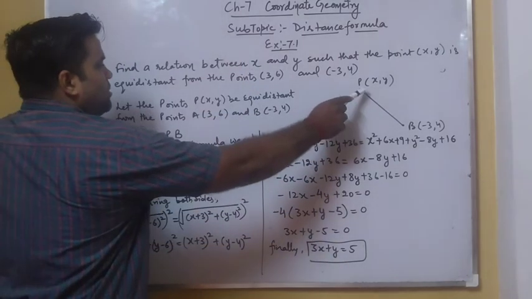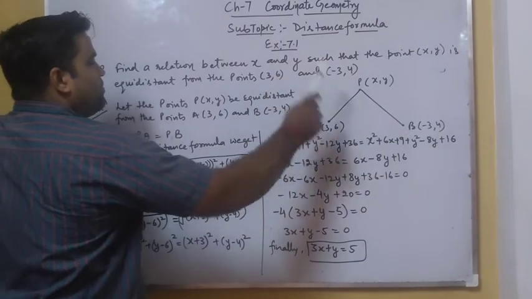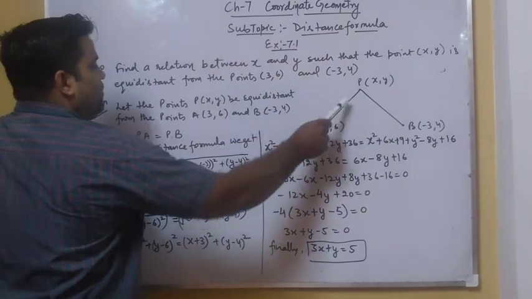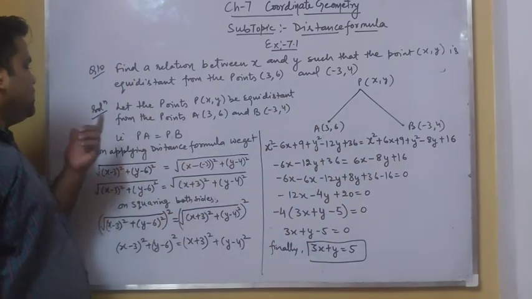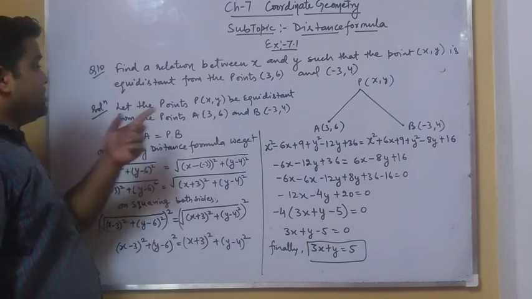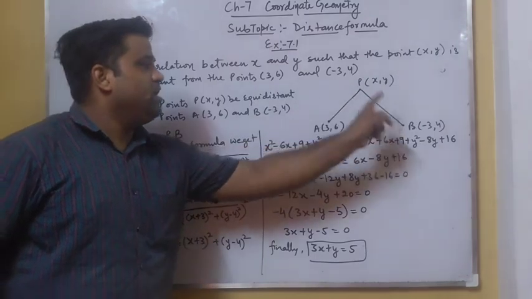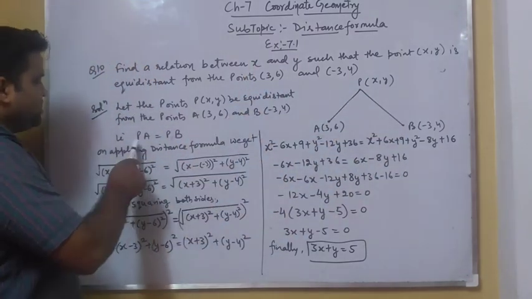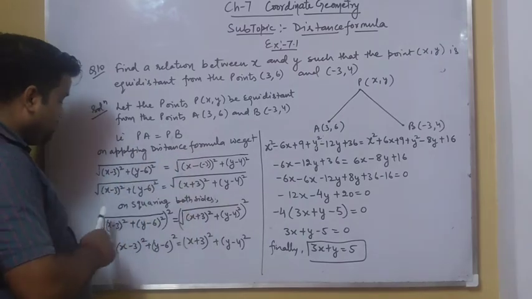As in the diagram here, as P is equidistant from A and B, it means that the distance of point P from A and from B is equal. So we write PA equal to PB. On applying the distance formula, here we get these equations.